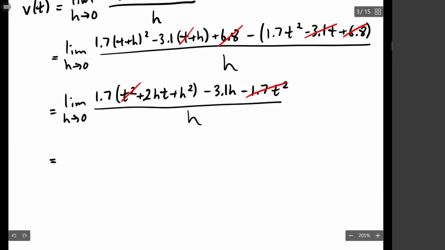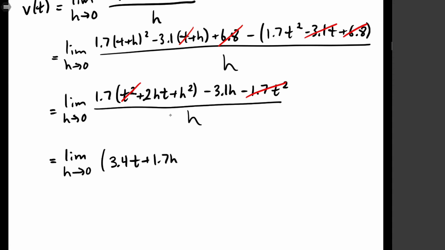I'll let you work this out on your own, but this should simplify to 3.4 t plus 1.7 h minus 3.1. And we compute that limit, and we get 3.4 t minus 3.1.